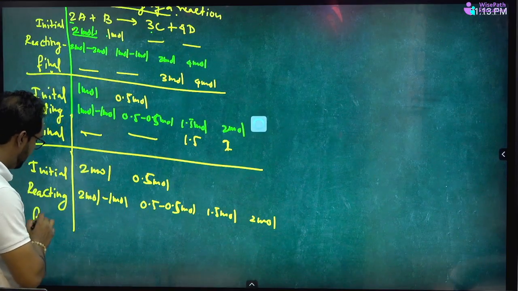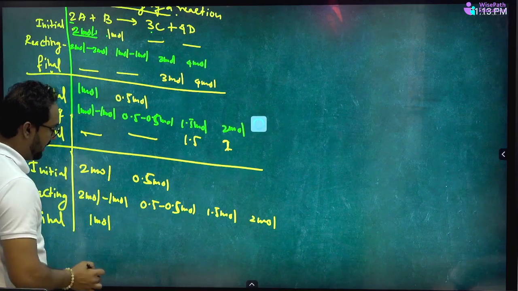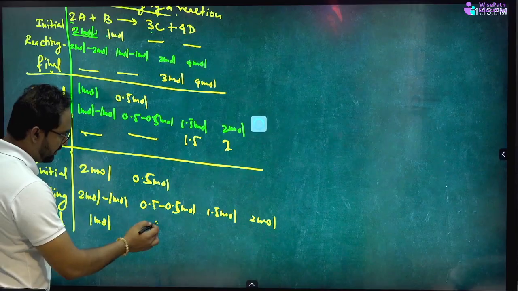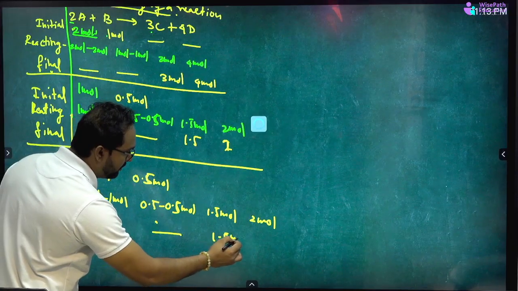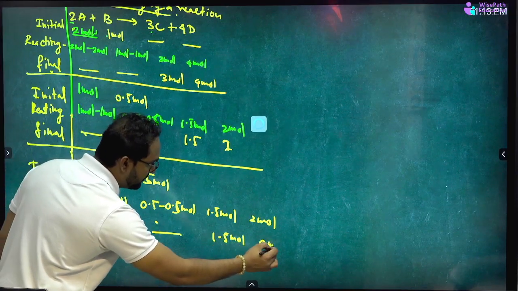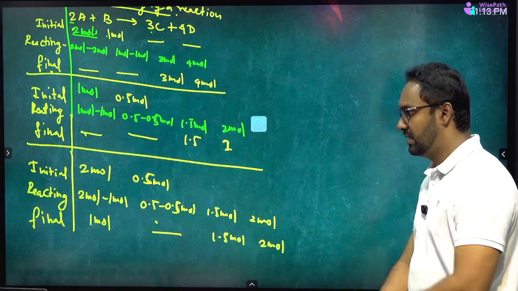If you take the final, there's 1 mole of A left. This is completely reacted. 1.5 moles of C is produced and 2 moles of D is produced. Do you understand that? That's really important.